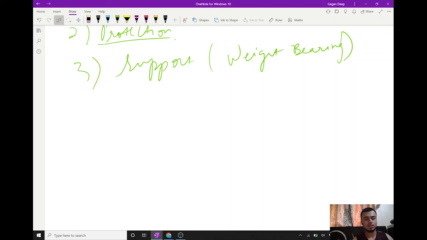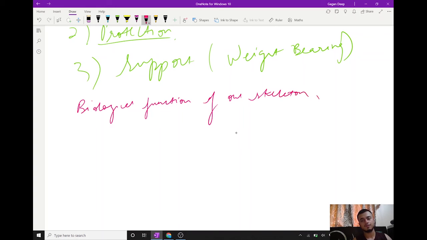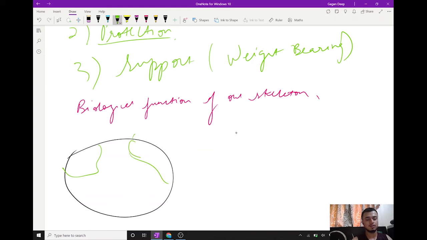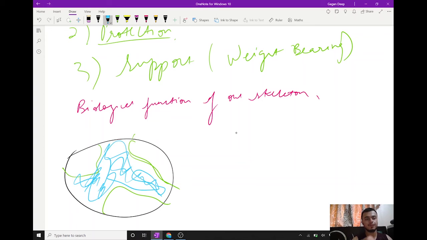Now, what is the biological function of our skeleton? Let's take an example. Suppose this is the earth. You may have guessed it by now. I'm drawing land and water.